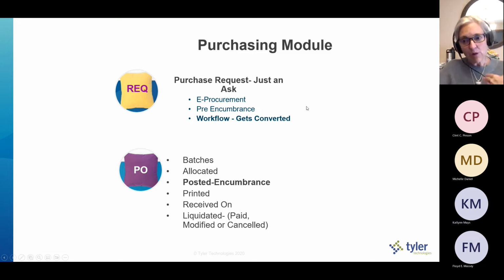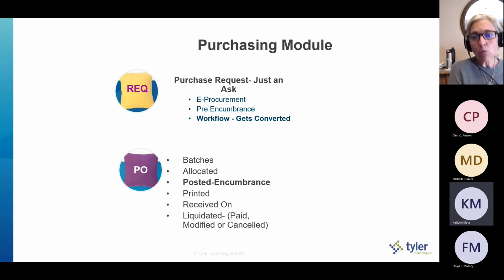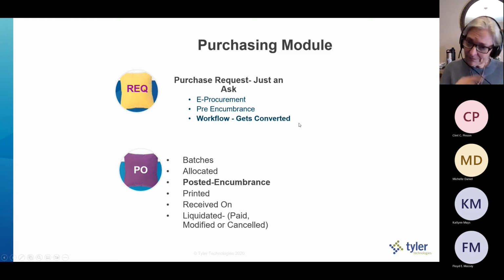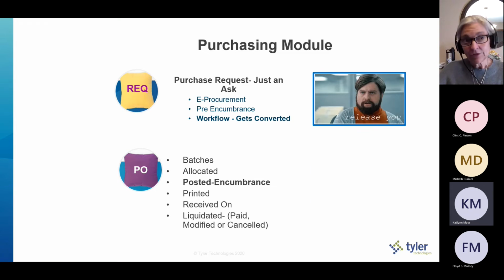So at the moment, what I want you to remember is that you will write a requisition. It is a request. The system will do a budget check, let you know that there is budget for that requisition, and then you will just release it for the approval process. So you're not going to forget the release, okay?